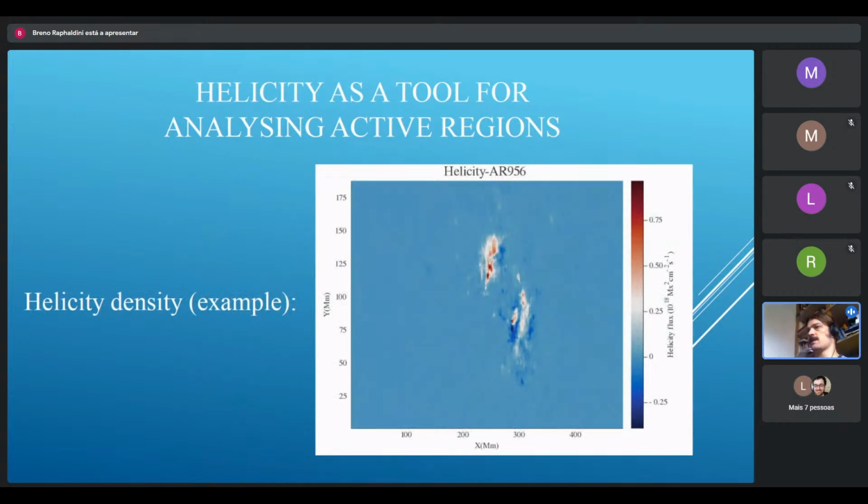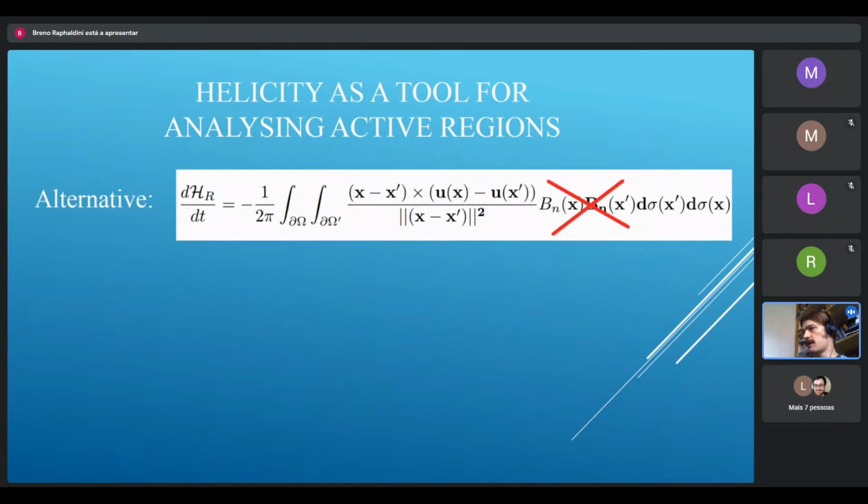Indeed, when we calculate the helicity densities, we see that they are very closely correlated with the magnetic field intensities, which means that they're stronger where the magnetic field is also strong. So one alternative is, instead of weighting this quantity by the intensity of the magnetic field, to normalize it by putting 1 here instead.